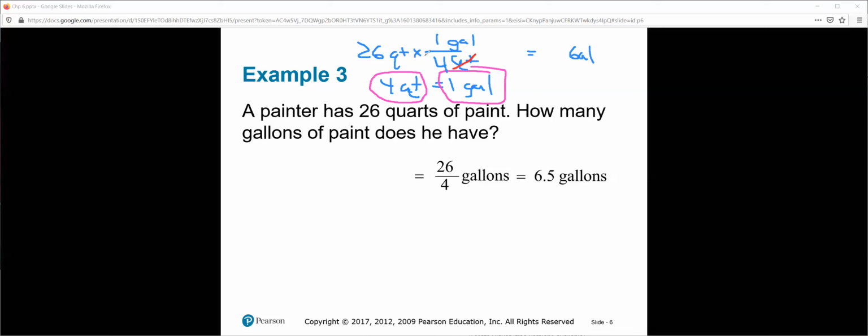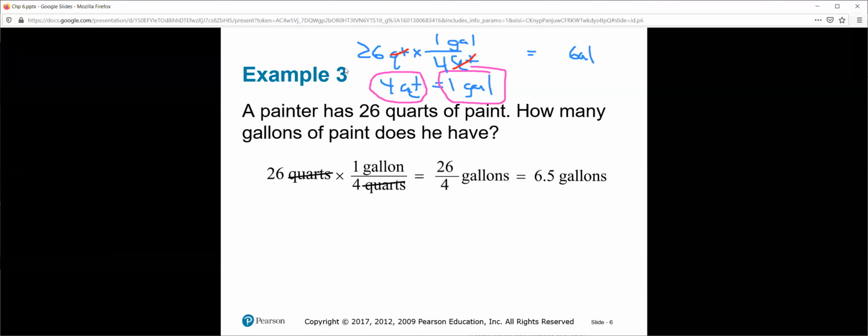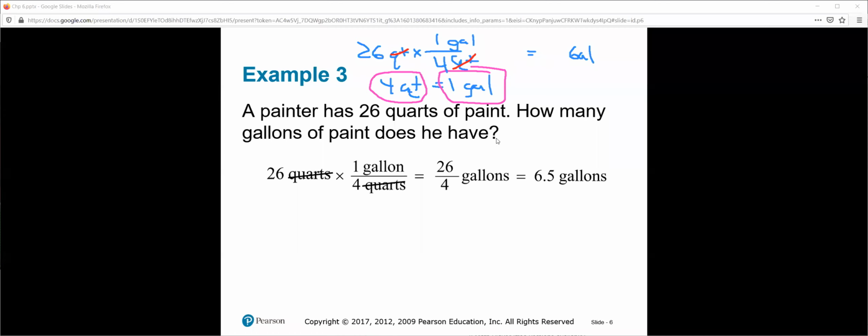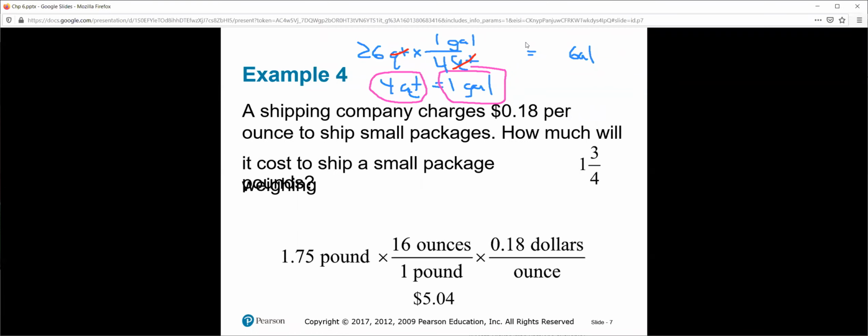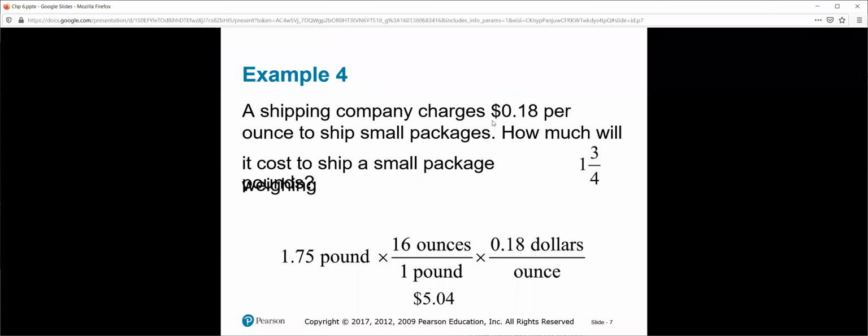My quarts cancel, giving me my answer, which is 26 divided by 4, or 6.5 gallons. All right. I built my equation. I knew I needed to divide the numbers instead of multiply them, and I got the correct answer.